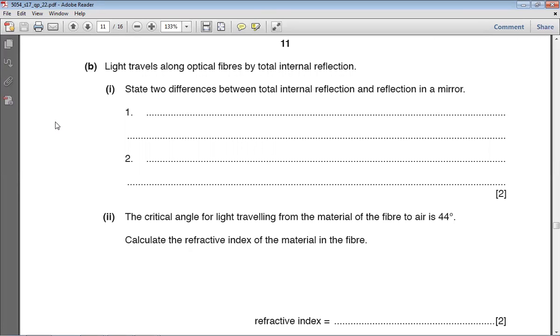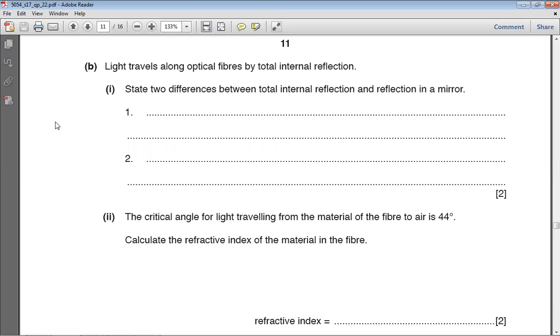Another difference is that in the mirror, the light travels in the rare medium before the reflection and after the reflection. But in the case of total internal reflection, light travels in the denser medium before the reflection and after the reflection.